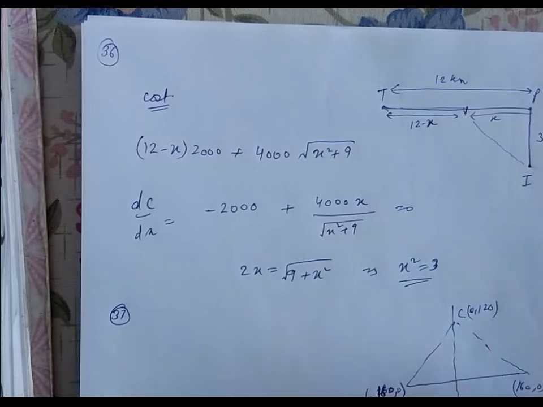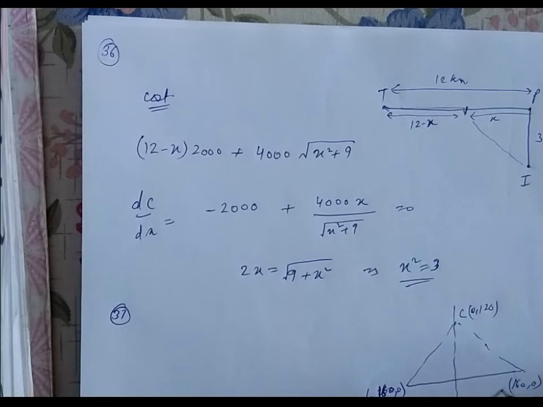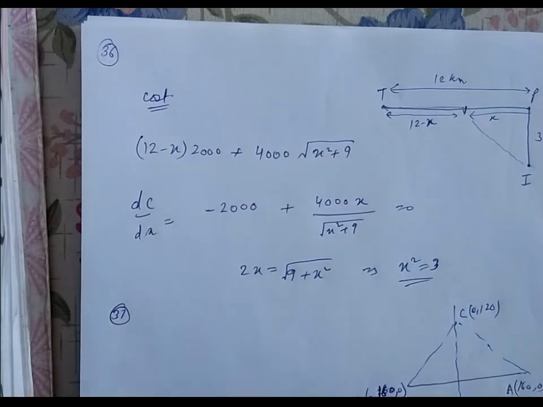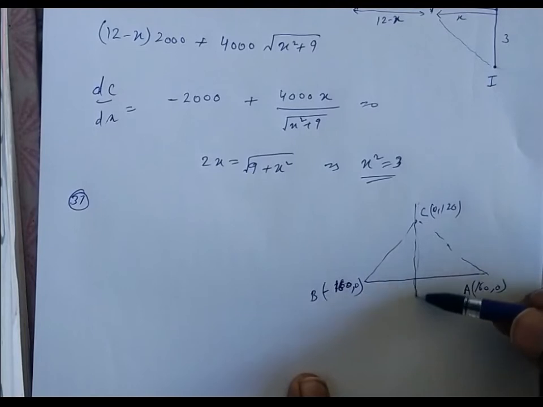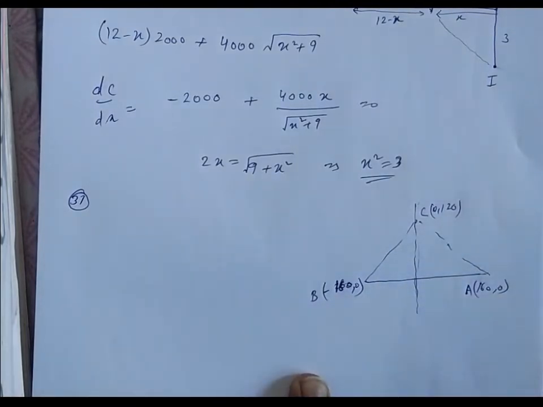A godown is to be built equidistant from A and B. So the godown is to be built on this line. In order to minimize the time of transportation, it should be so located that the sum of the distances from the godown to each of the cities is minimum.